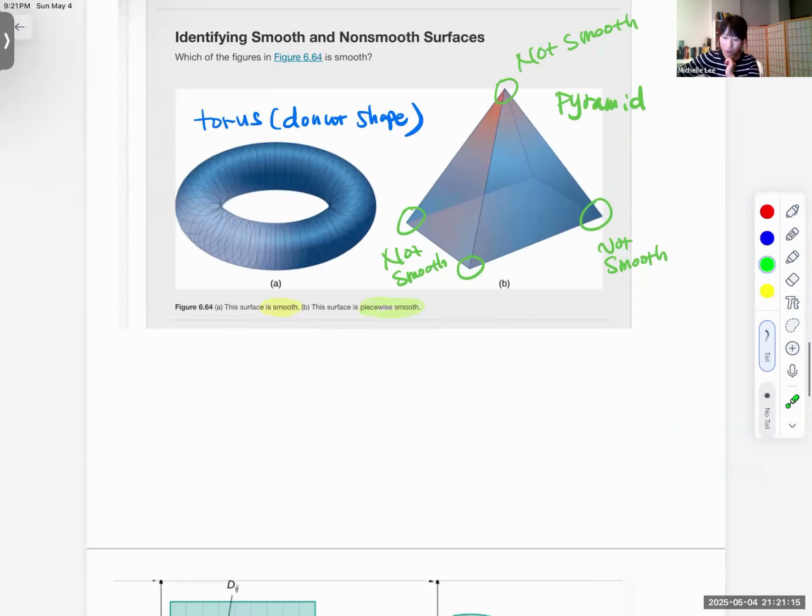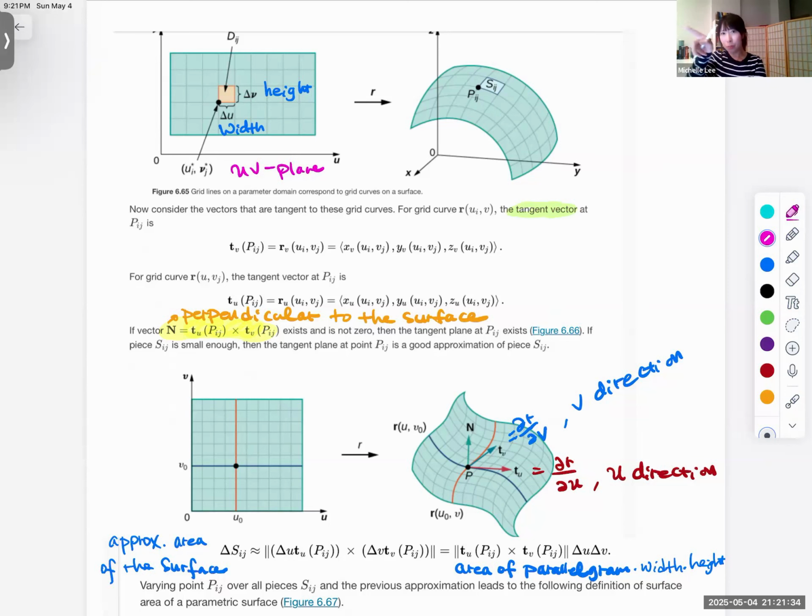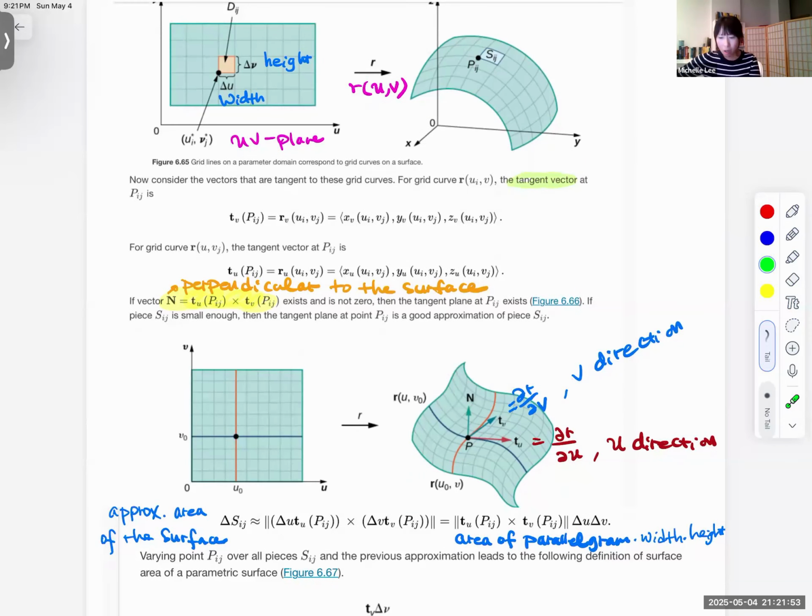Okay. All right. Now we derive the formula. So we have a little rectangle here from the UV plane, right? Then we send the mapping through R of u, v, right? Then in 3 dimensions, we have the piece there. Now we have a tangent vector.